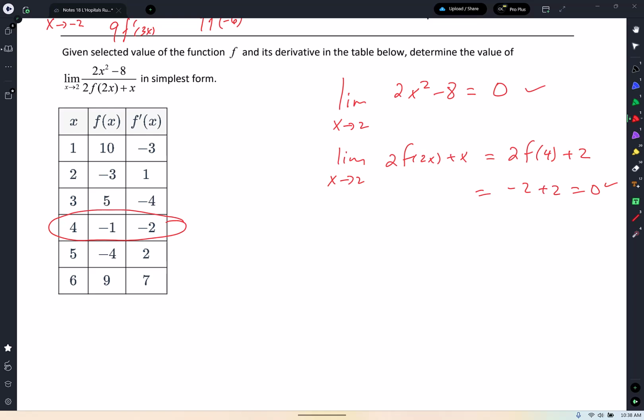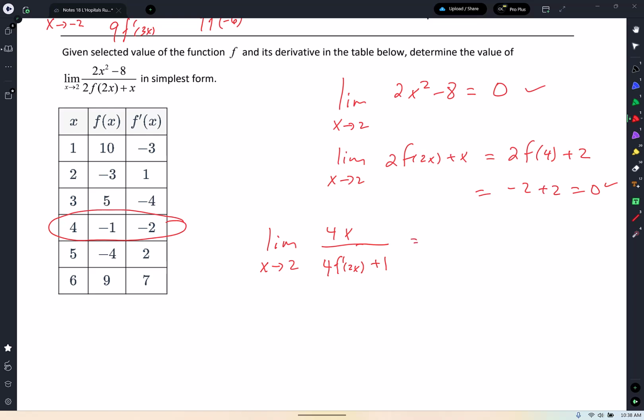Yes. Limit as x approaches 2. What's the derivative of 2x squared minus 8? 4x over, and then I'm going to do chain rule, guys: 2f prime of 2x times 2. So it's going to turn into 4f prime of 2x plus 1. Does everyone know where that plus 1 came from? All right.